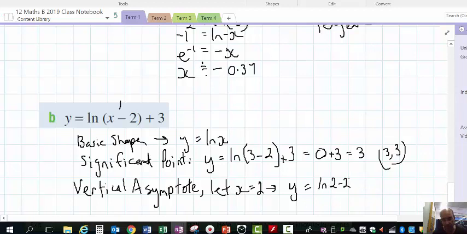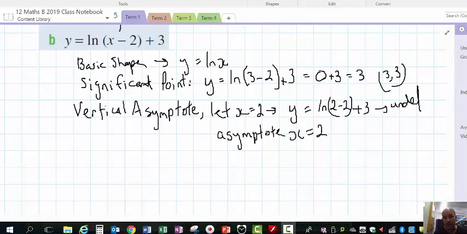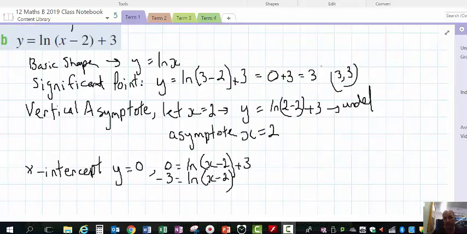So when x equals 2, we've got y equals log of 2 minus 2 plus 3, which is undefined. So it's undefined there. And basically we have to write that the asymptote lies along x equals 2.